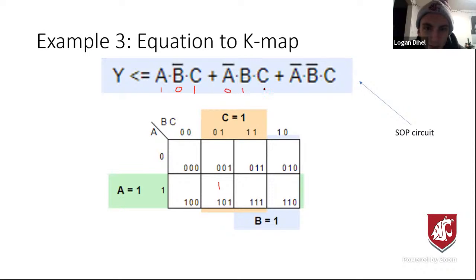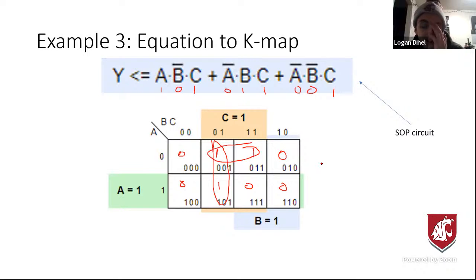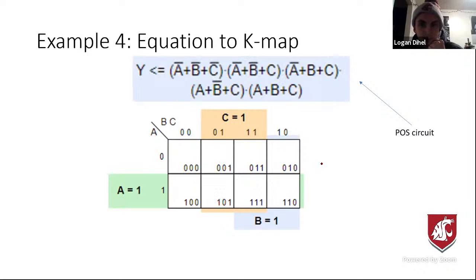This one would be 0, 1, 1, which is here. And this one is 0, 0, 1, which is there. And then all the other ones are going to be 0. Once you're there, you do your circles and you're done. You get your final equation.